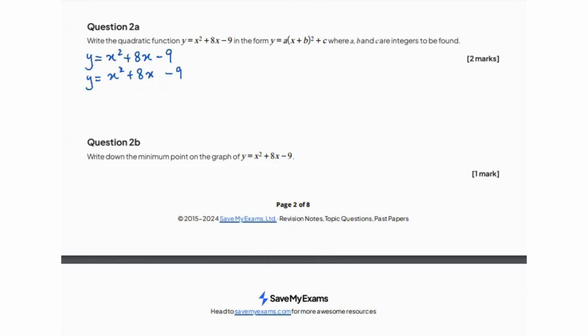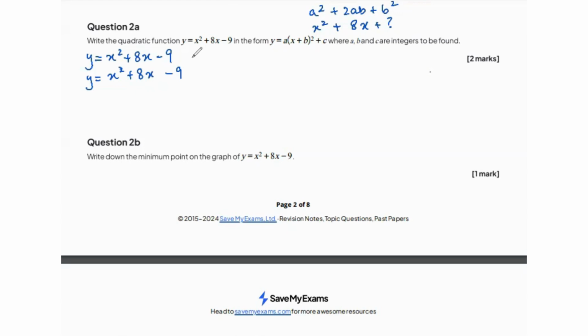If you remember the formula, a squared plus 2ab plus b squared. Over here, our a squared is x squared, and our 2ab is 8x. We have to figure out what our b squared is. 9 is not the b squared value.